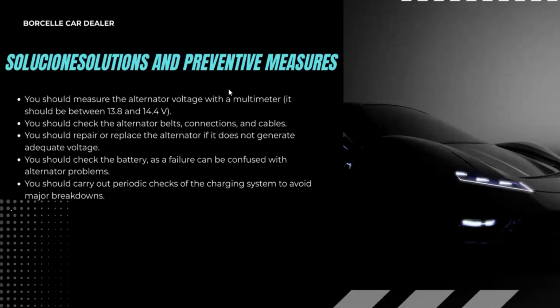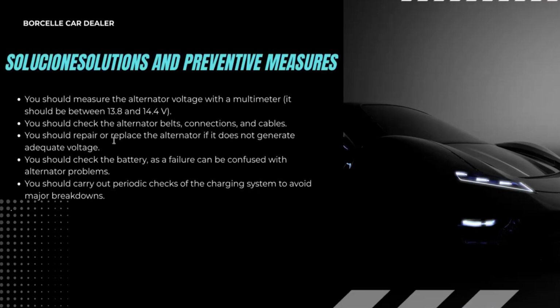Solutions and preventive measures. You should measure the alternator voltage with a multimeter. It should be between 13.8 and 14.4 volts. You should check the alternator belts, connections, and cables.